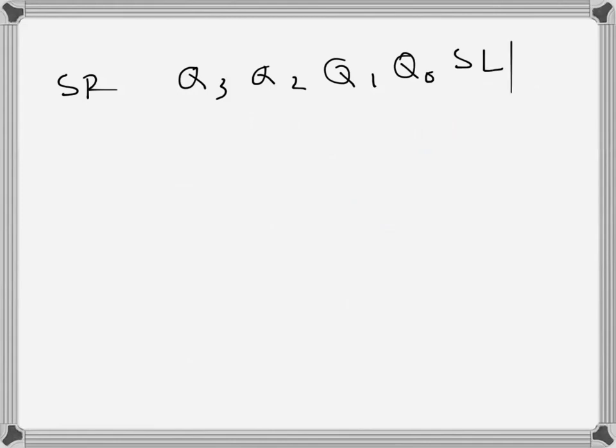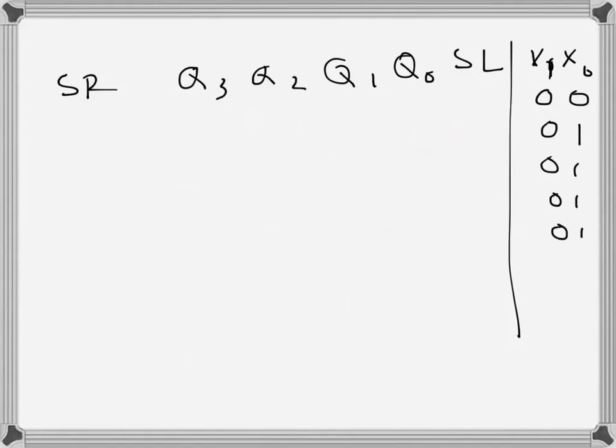So let's say Q3, Q2, Q1, Q0, and this is shift right, shift left, and here we have X1, X0, and let's say initially it's 0, 0, then 0, 1, 0, 1, 0, 1, 0, 1. And then maybe 1, 0, 1, 0, 1, 0, afterwards 1, 1.